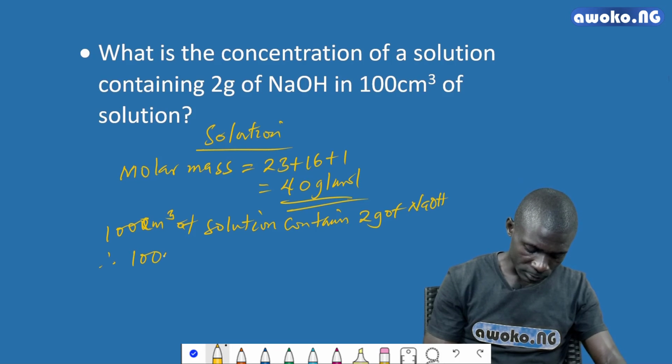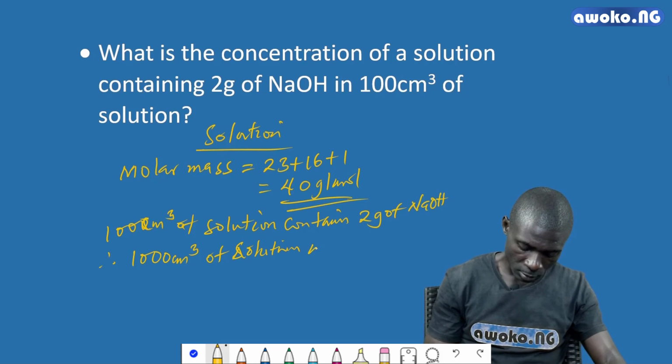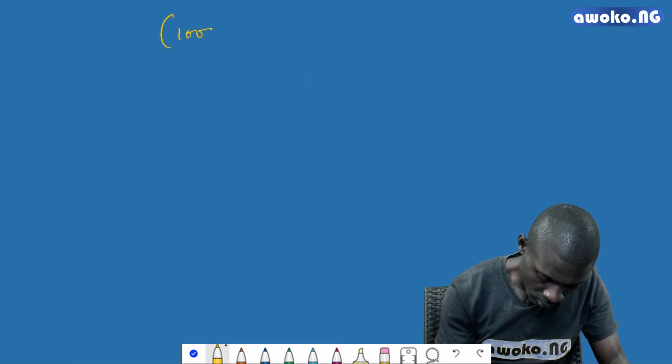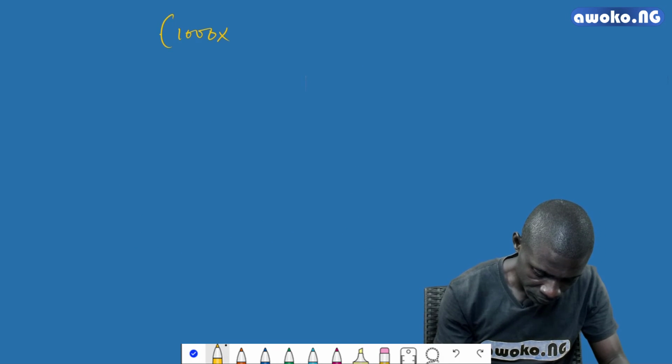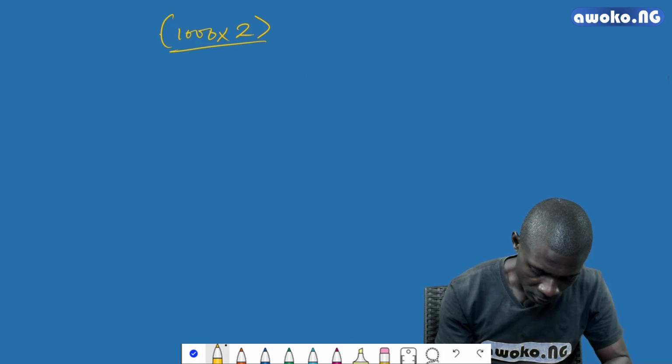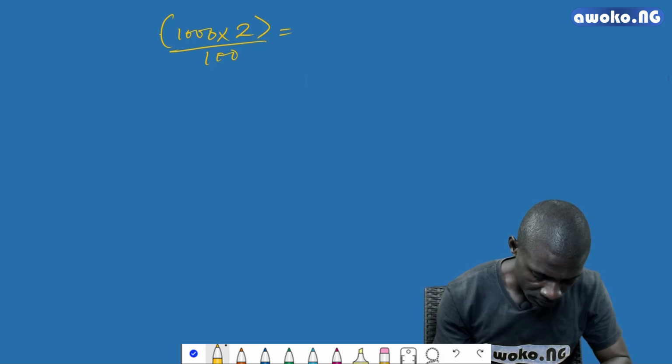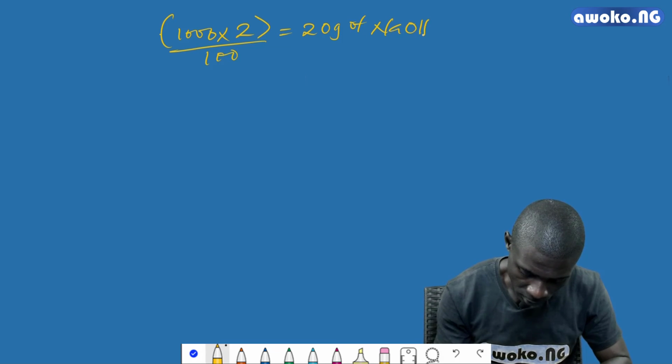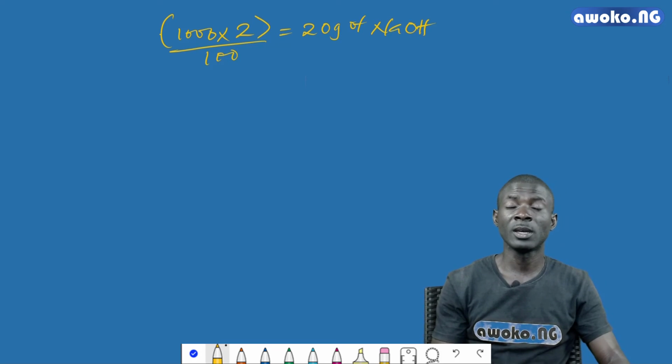Therefore, 1000 cm³ of solution will contain 1000 multiplied by 2 grams divided by 100 cm³. So this gives us 20 grams of sodium hydroxide.